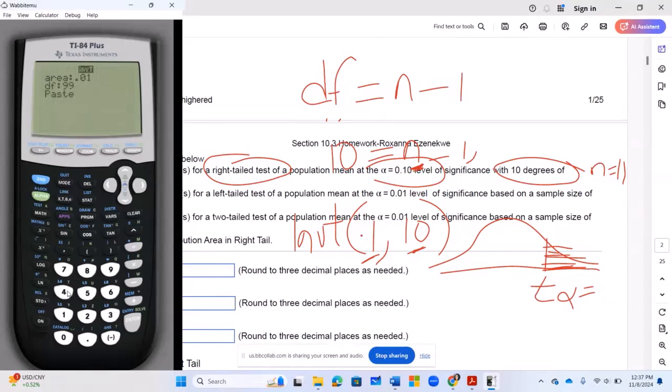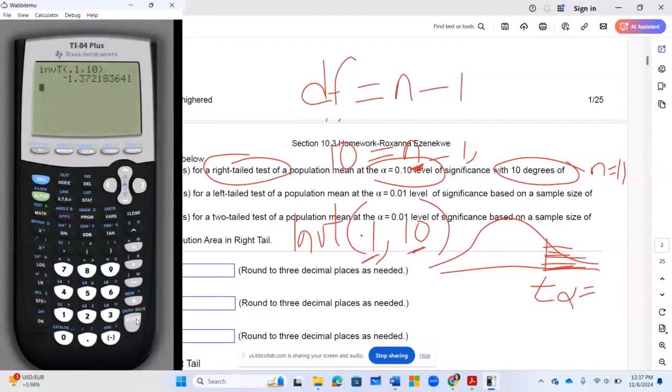The area to the left is 0.1, and the degrees of freedom, df, is 10, given to me. I am going to paste. My calculator is asking, is that what you want? Area to the left or percentile is 10%, the degrees of freedom is 10. That's what I want. I'm going to enter.